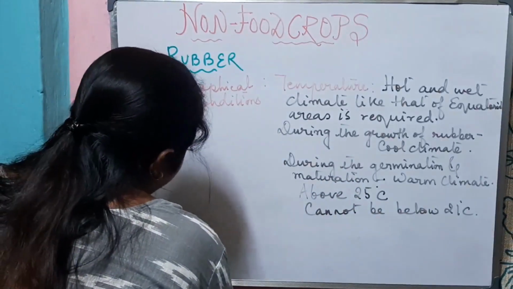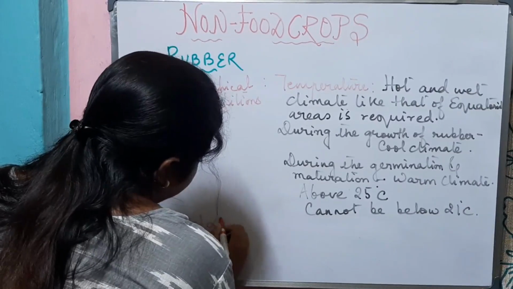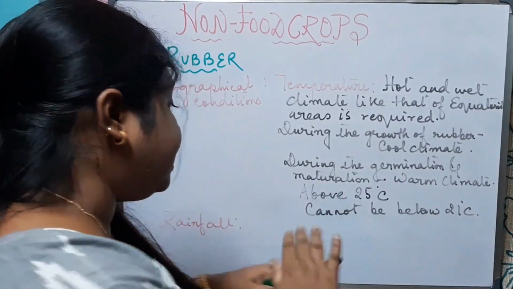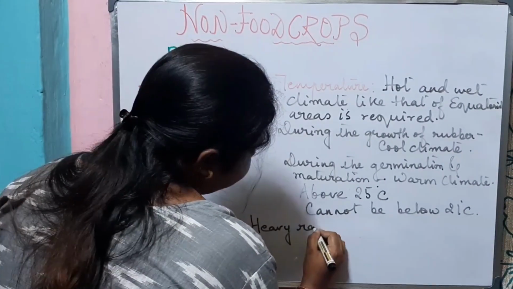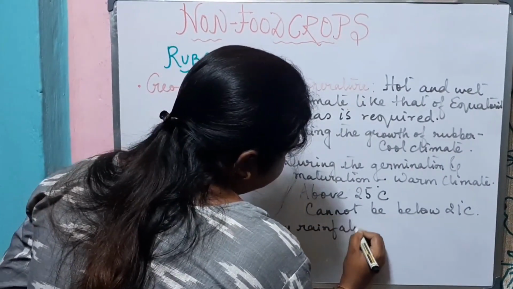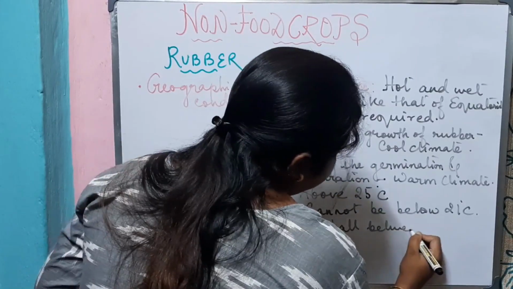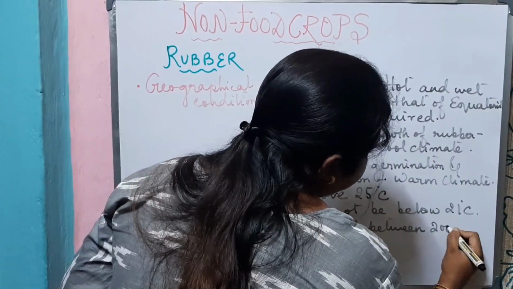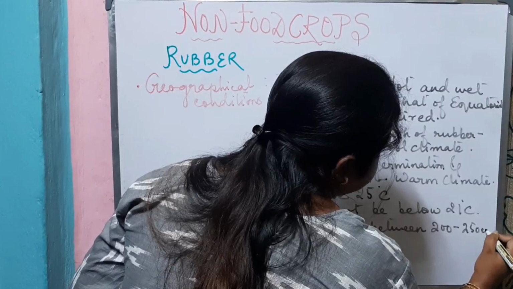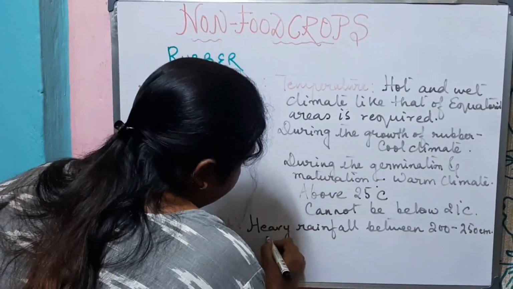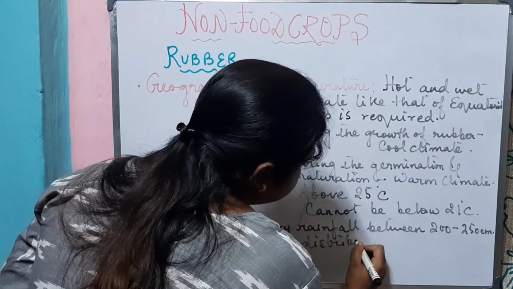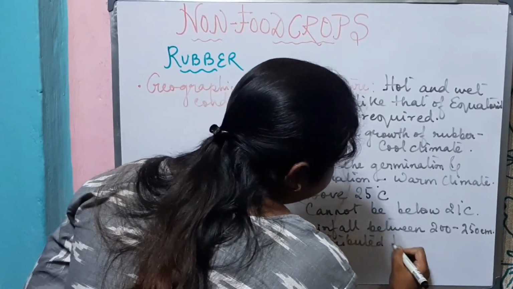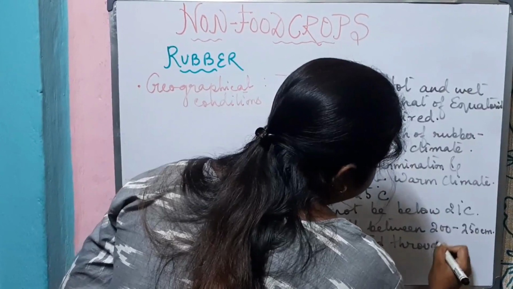Now in terms of rainfall, rubber needs heavy rainfall, between 200 to 250 centimeters, and this should be well distributed throughout the year.